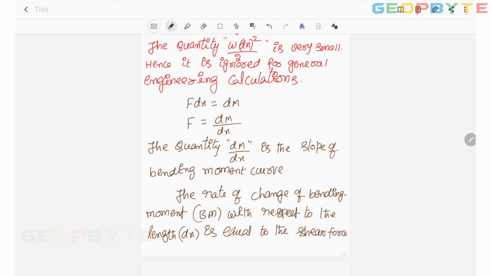That means the rate of change of bending moment with respect to length is shear force.